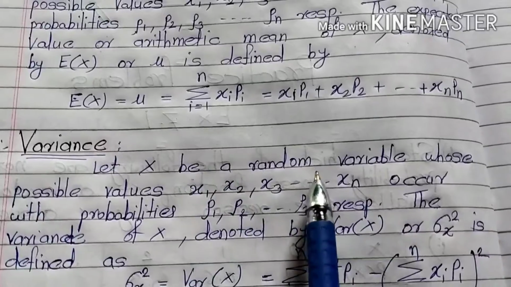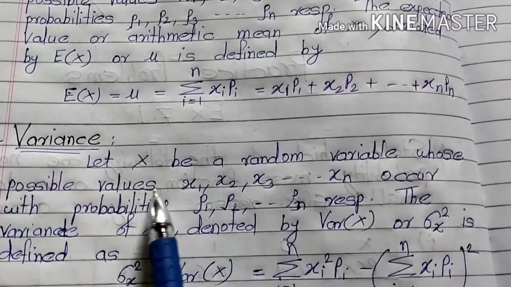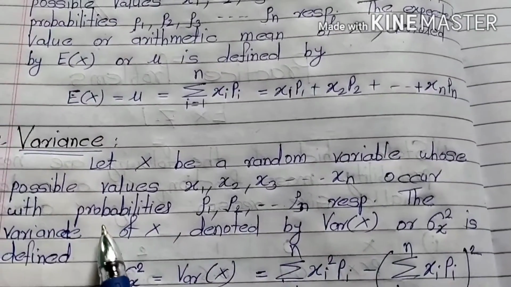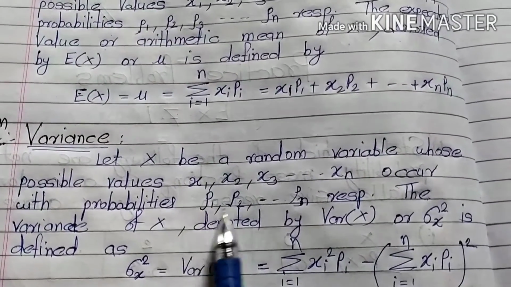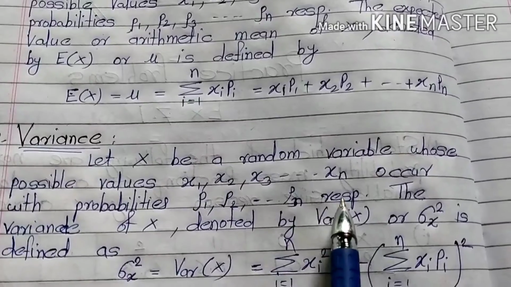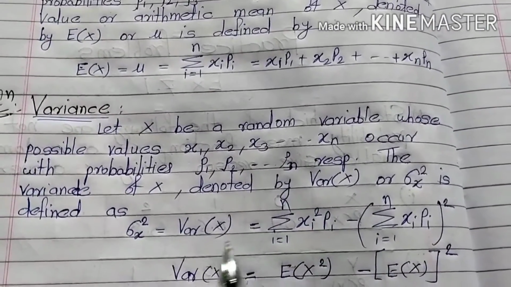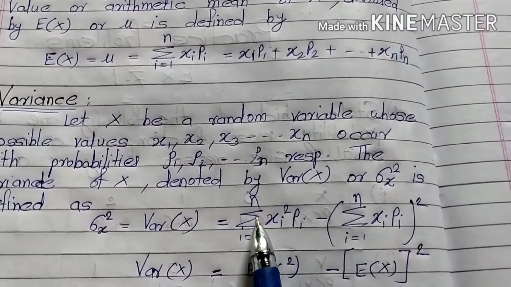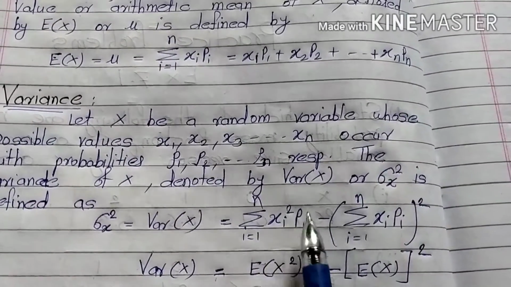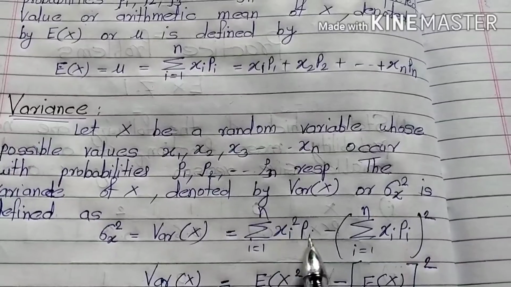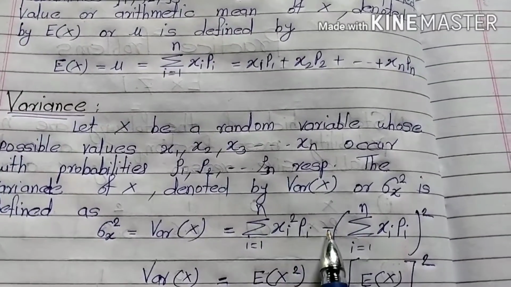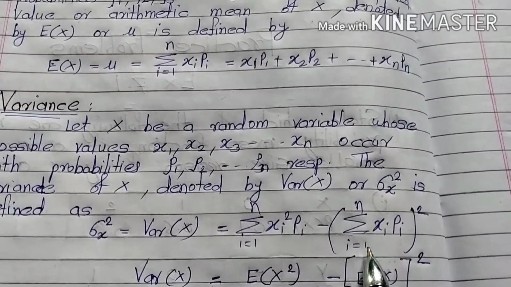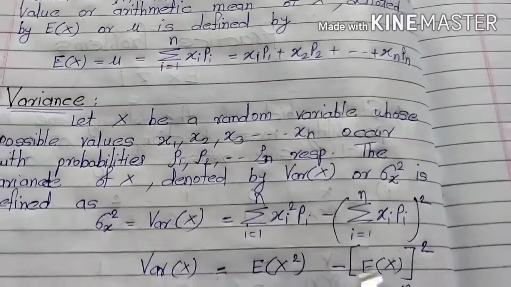Suppose x is a random variable and possible values are x1, x2, x3 up to xn, and their probabilities are p1, p2 up to pn. Then variance is defined by summation of xi square pi, where i runs from 1 to n, minus summation of xi into pi, where i runs from 1 to n, whole square.